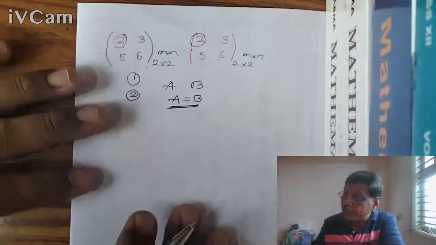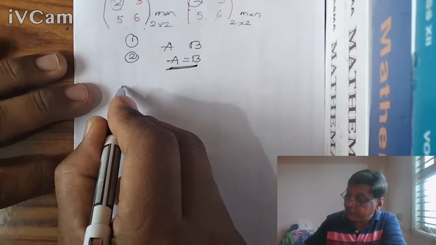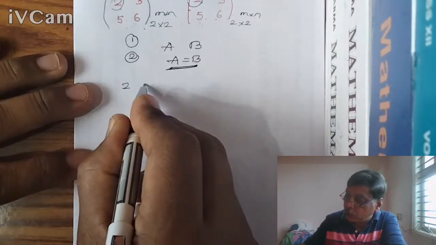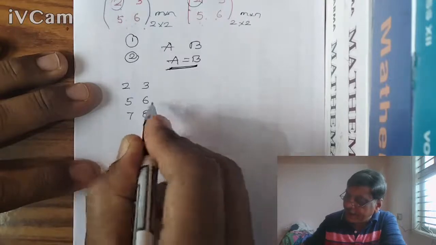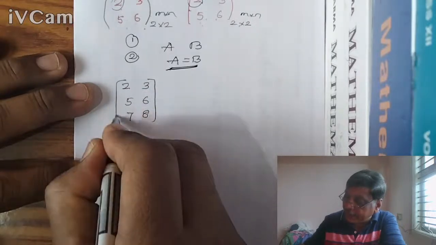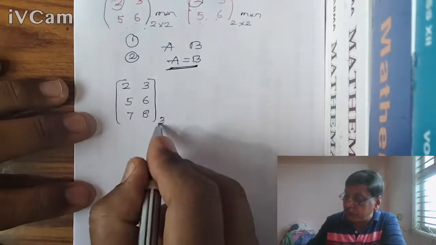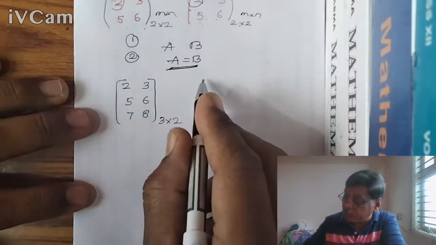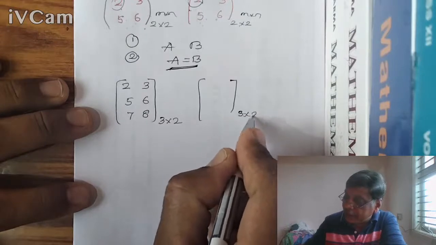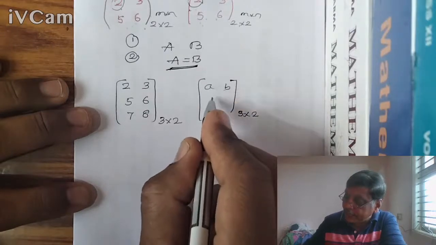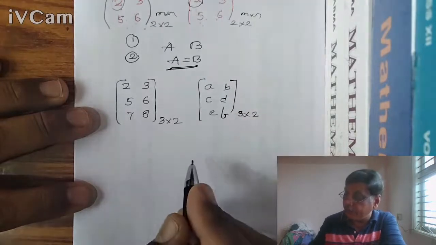Let us see one example. Let 2, 3, 5, 6, 7, 8 be a matrix. What is the order here? Here we have 3 rows and 2 columns. This is a matrix of order 3 cross 2. And I take one more matrix of order 3 cross 2, with elements a, b, c, d, e, f.